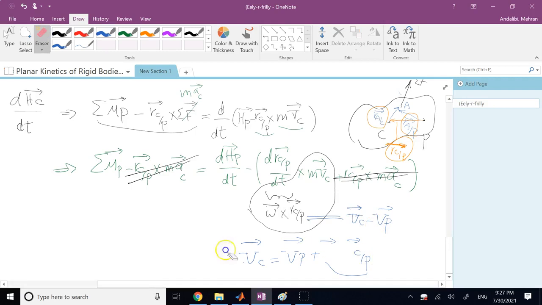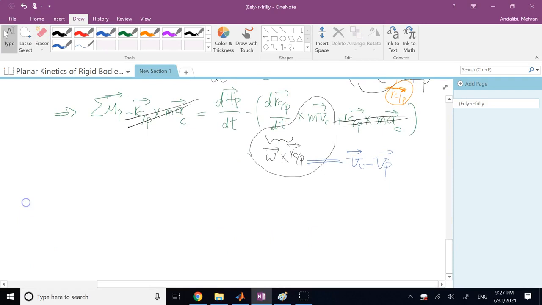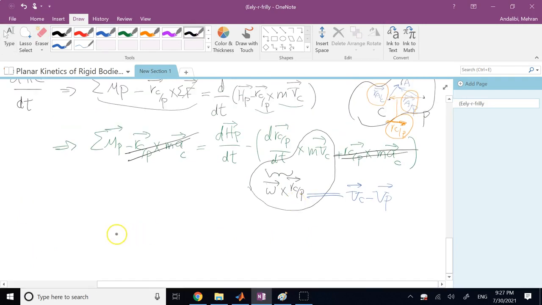Good? So if I clean this up, now that you know what it is equal to, and continue, I will get summation of the moment about P is equal to dH with respect to P over dt, then minus what? This term cross this term. Or sorry, this term, my bad, this term cross this term, right?